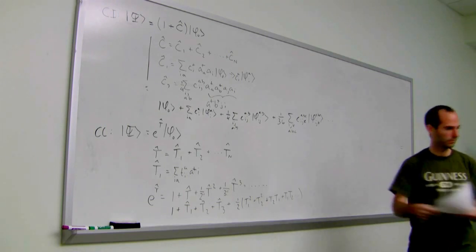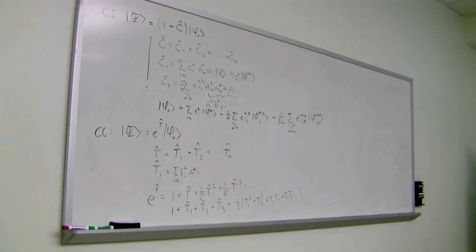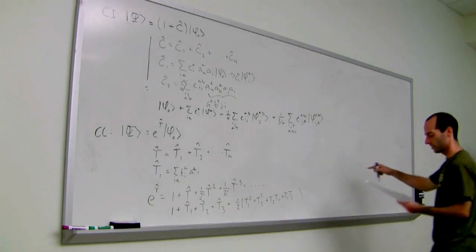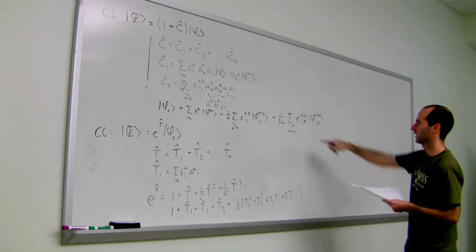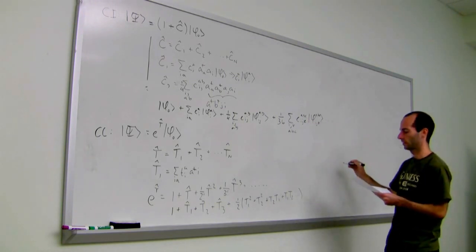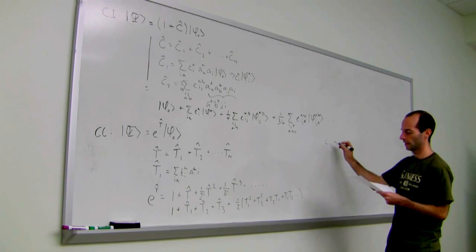If you write what the actual wave function looks like, I'm going to write it over here. We can compare it to the CI wave function in this expanded form and get some insight into what these T's mean.